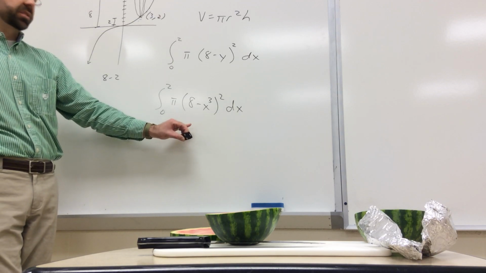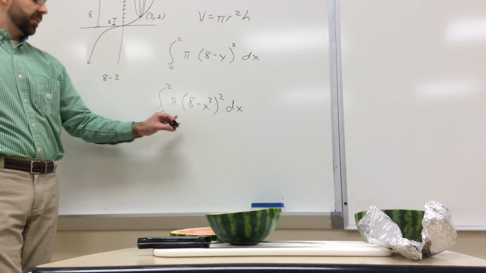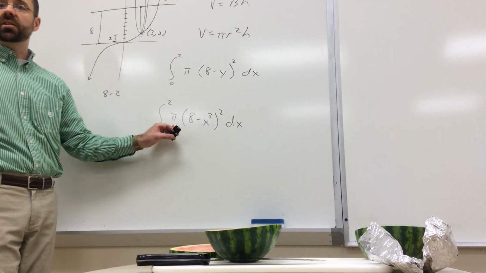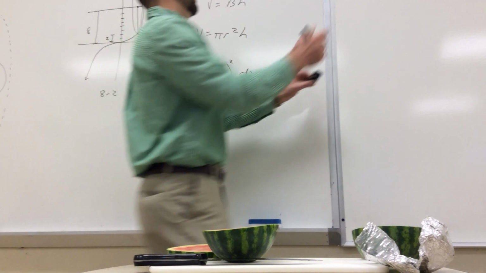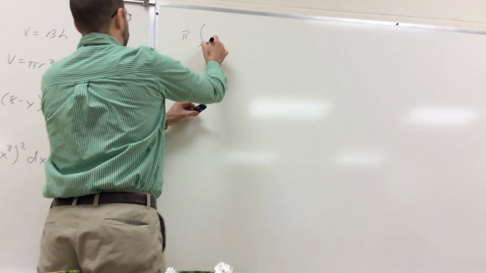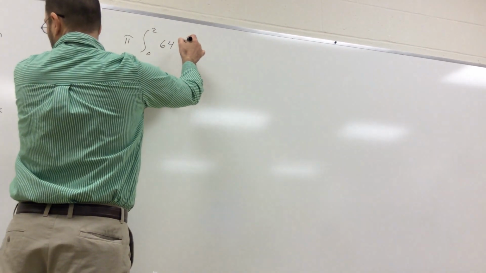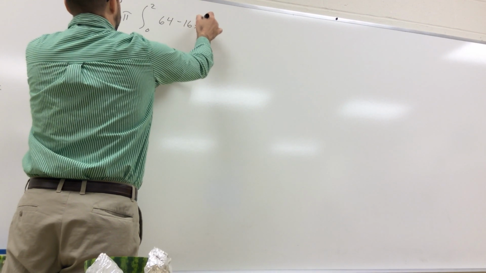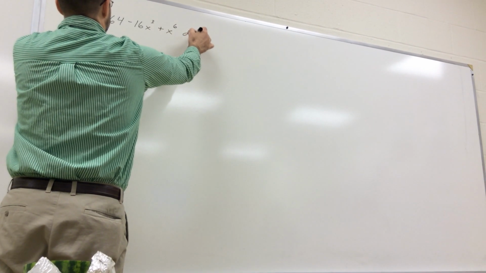Okay, now to calculate this, we're going to need to FOIL this out. The pi is just a constant, so I usually move it in front of the integral. So that's pi integral 0 to, and at the same time I'll FOIL this out. That would be 64 minus 16x cubed plus x to the 6th.